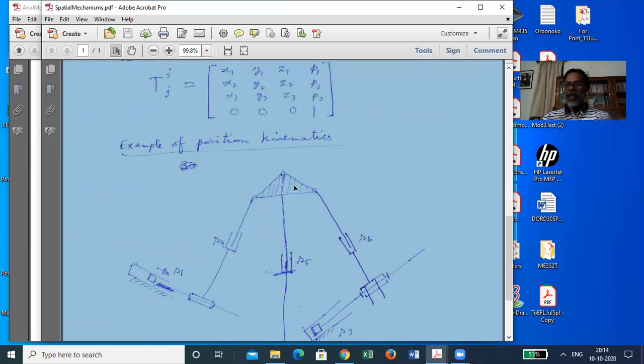Okay. So these are some of the basic issues which we use in handling general spatial mechanisms. And two more small points I would like to raise with you today, which are not in the general perspective, but in terms of specific issues.